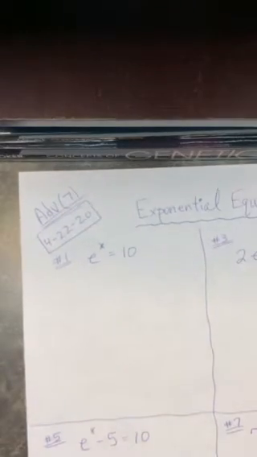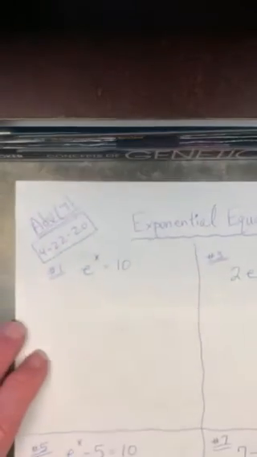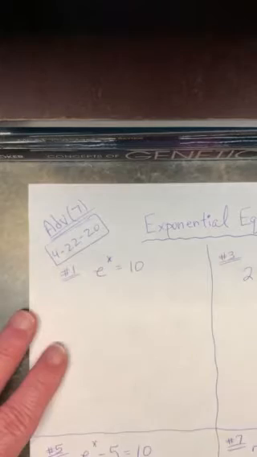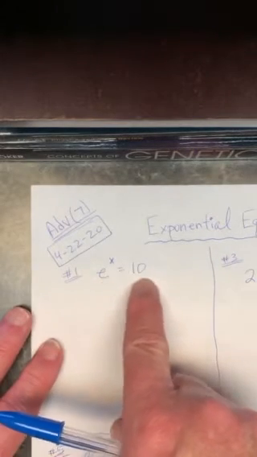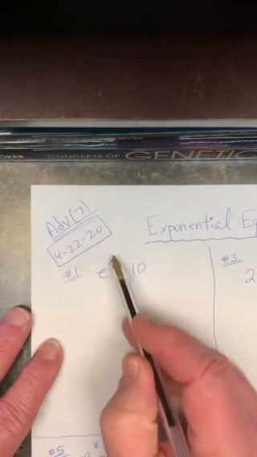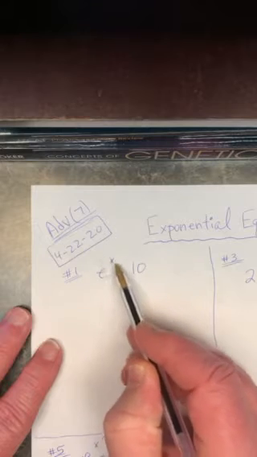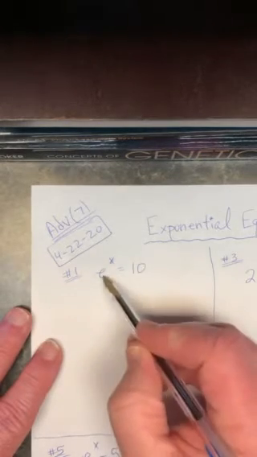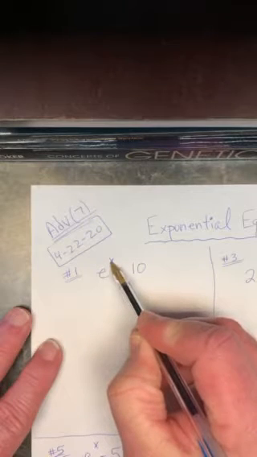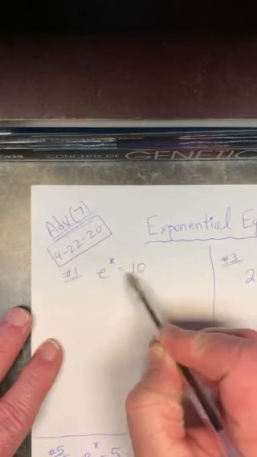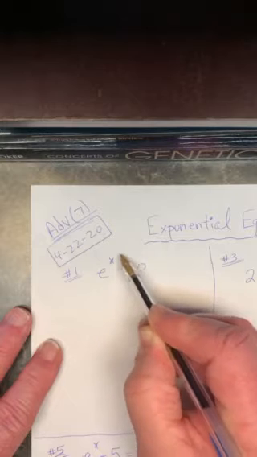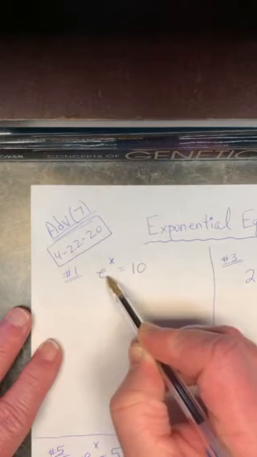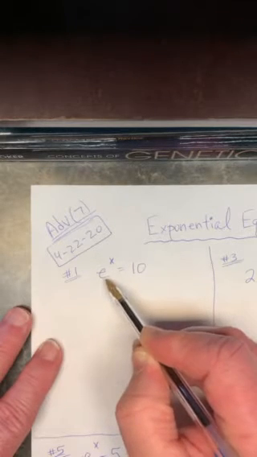All right now, problem number 1. It's real simple, straightforward. First one, it says e to the x equals 10. And you're supposed to figure out what that missing exponent is, correct? Well, if I started guessing, e to the 0 power would be what? 1. E to the first would be what? Well, remember we had mentioned e is equal to about 2.718.